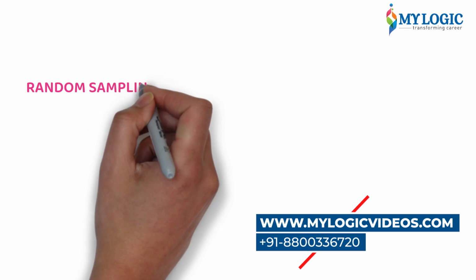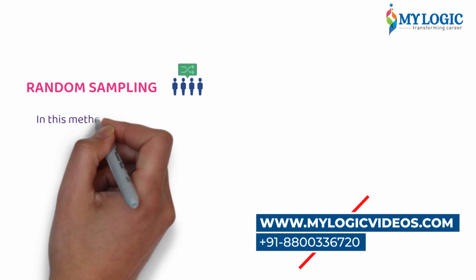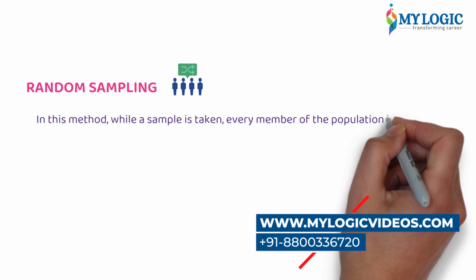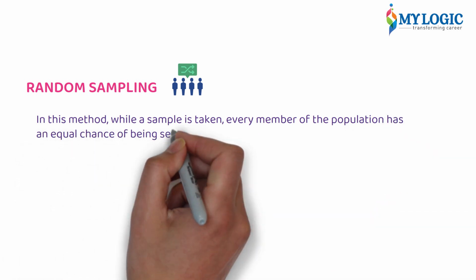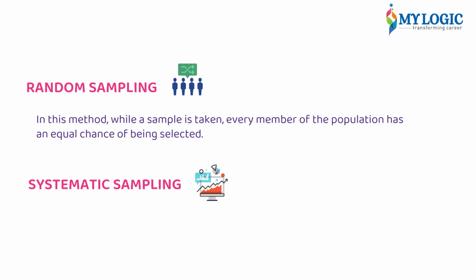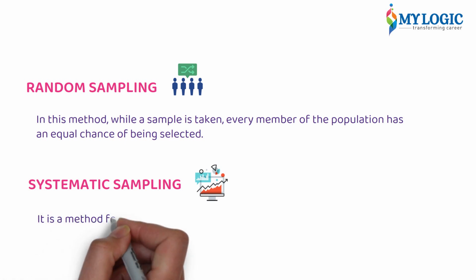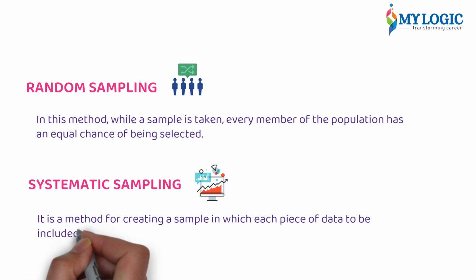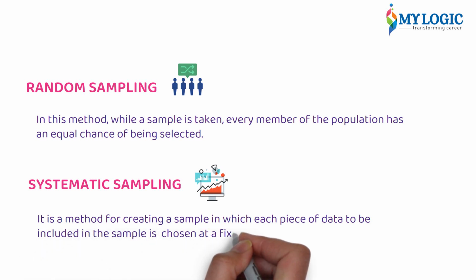Random sampling. In this method, while a sample is taken, every member of the population has an equal chance of being selected. Systematic sampling. It is a method for creating a sample in which each piece of data to be included in the sample is chosen at a fixed interval.